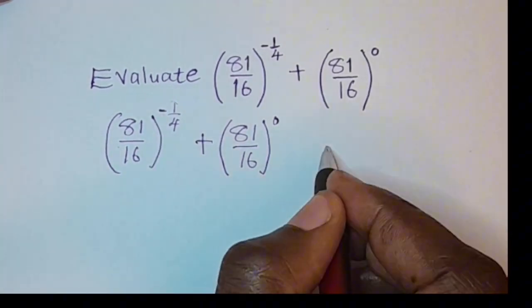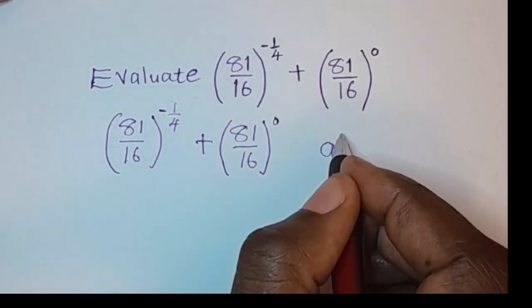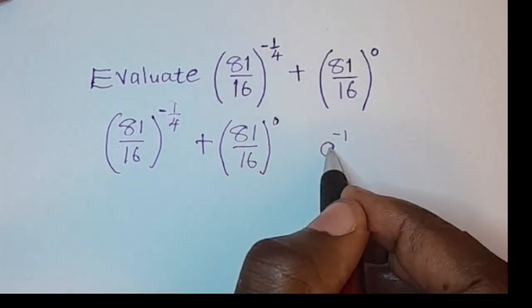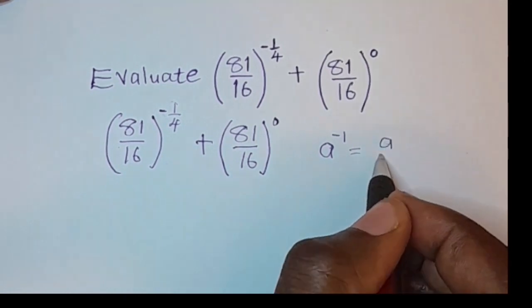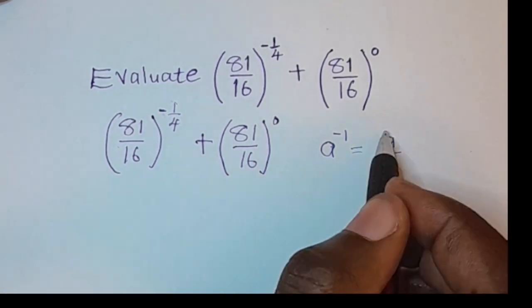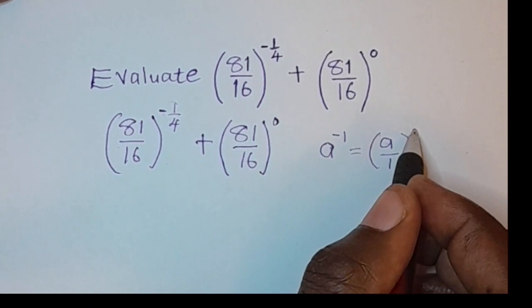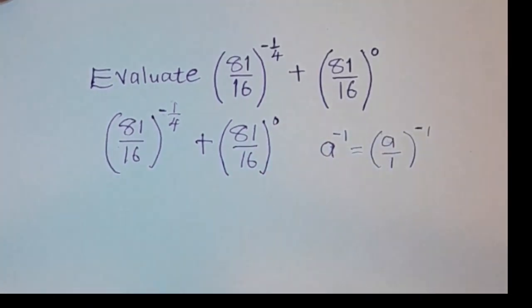If you have a number A which has been raised to the power negative 1, this number A is the same as A over 1. So A can be written as a fraction over 1, then everything raised to the power negative 1. There is no difference.